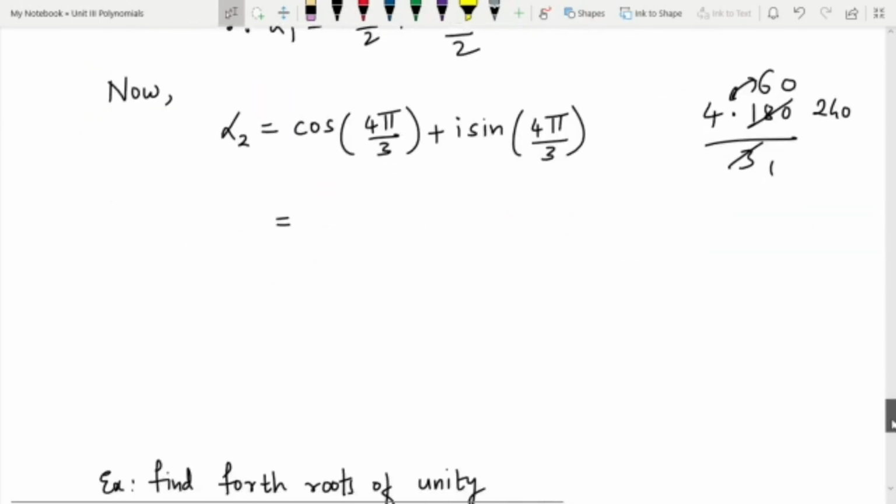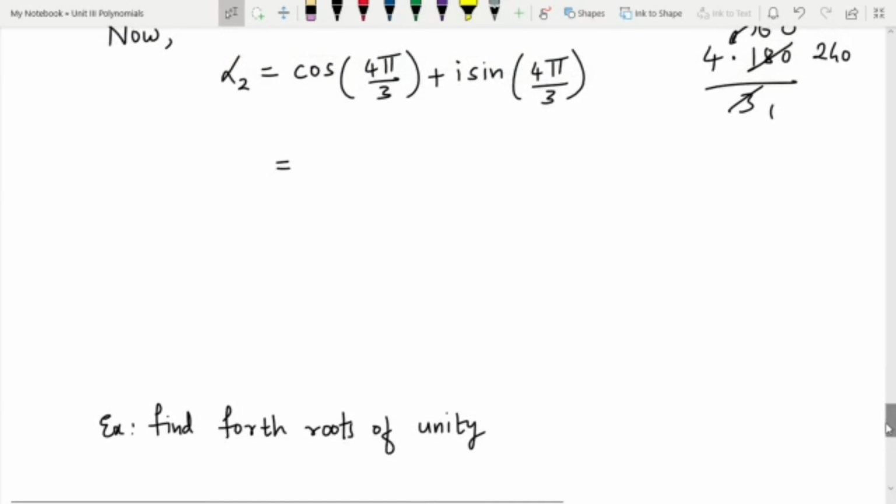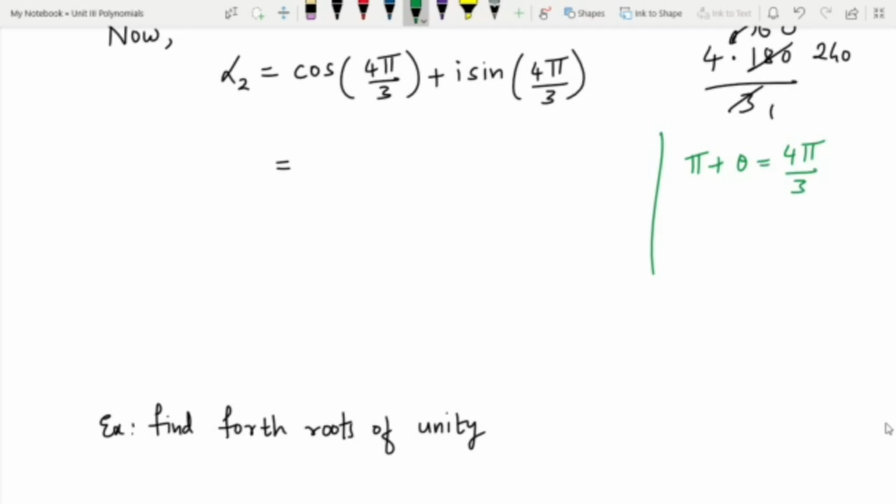So how to write it in the form of pi plus theta, that is the question. I'll do the rough work over here. It's simply the rough work. So we have to write this 4 pi by 3 in the form of pi plus theta. Let us find the value of theta. My theta will be 4 pi by 3 minus pi, which is 4 pi minus 3 pi upon 3, so it will be pi upon 3.